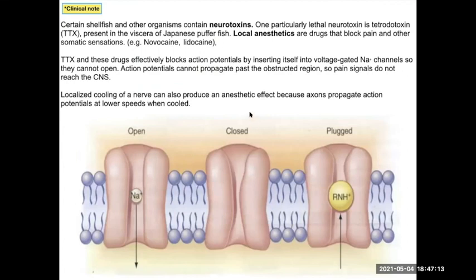Another clinical note here. There are certain things that block these voltage gated sodium channels, right? This thing's called tetrodotoxin. It's a big thing for neuroscience. They want to block a sodium channel from the pufferfish, right? They put them in there and it blocks that and you stop action potentials.